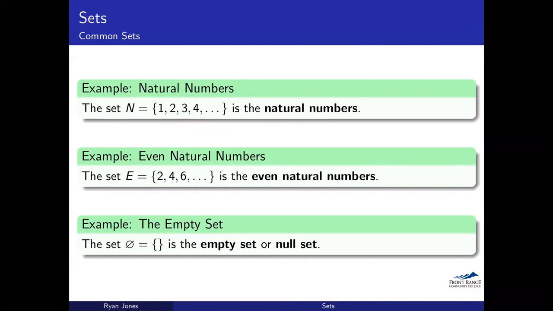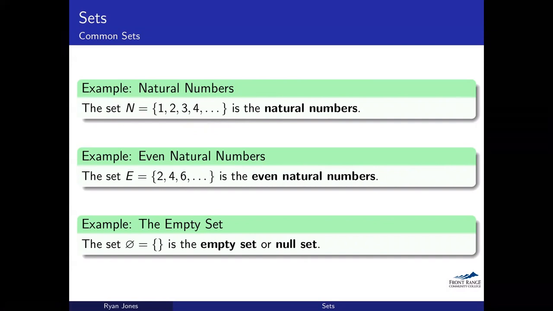So again, just talking about this notation, I say N, and this is just a capital italicized N. That is the name of my set. And I'm saying that that is equal to the collection of elements inside these curly braces. And all of those elements are just the numbers 1, 2, 3, 4, 5, 6, 7, 8, and so on and so forth. So that's notationally what's going on here.